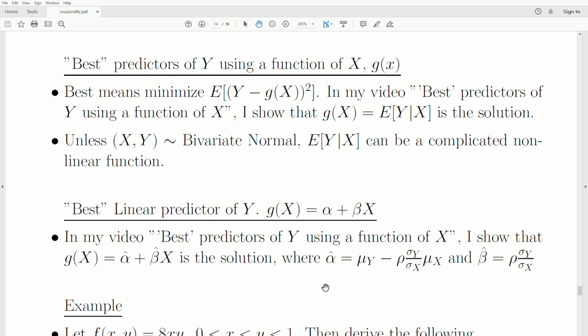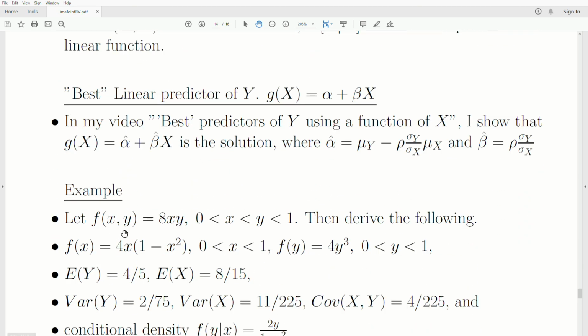Now, as a quick example, let the joint density of X and Y be 8 times X times Y, where X is between 0 and 1 and Y is between X and 1. From this, we derive the marginal densities. So f of X is this expression and f of Y is this. And once we have those marginal densities, we can find the expected value of each.